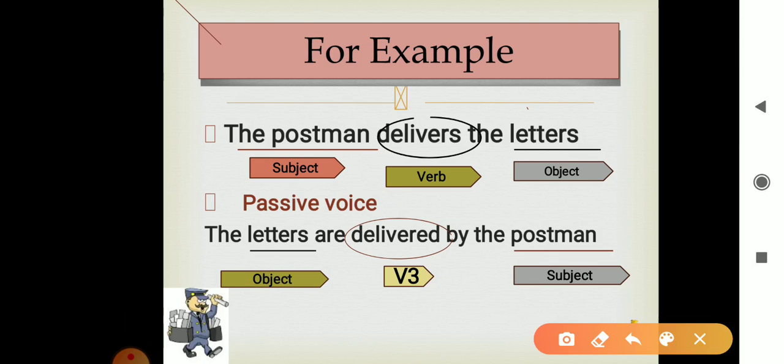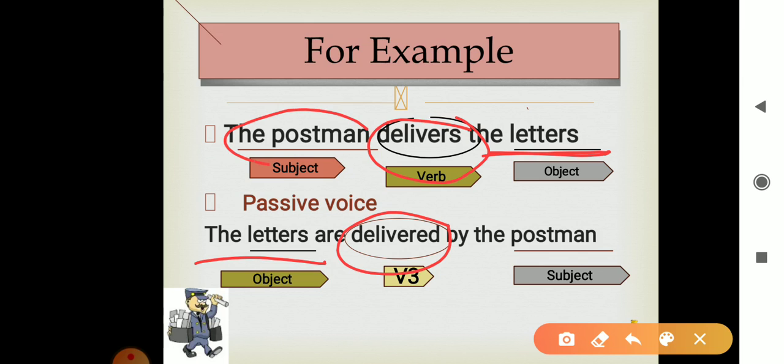See what we have done. We have placed this object in the subject place, then deliver is a verb, and the third form of deliver, or past participle of deliver, is delivered.